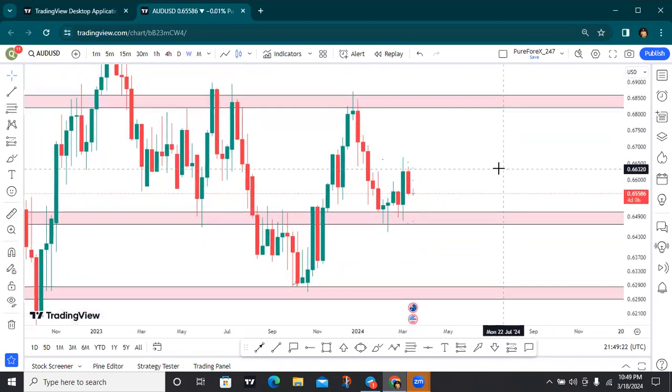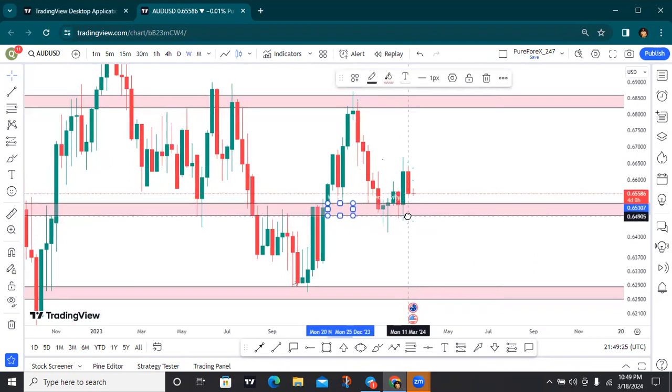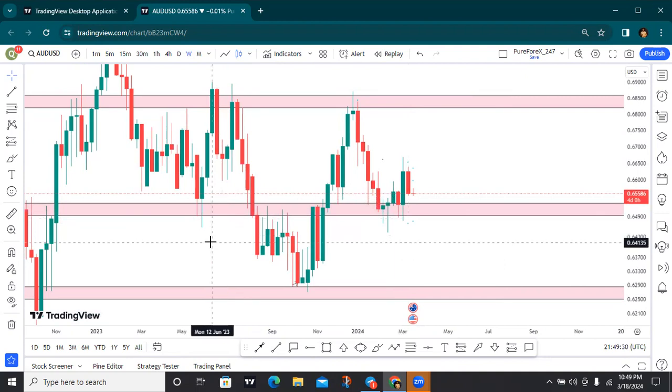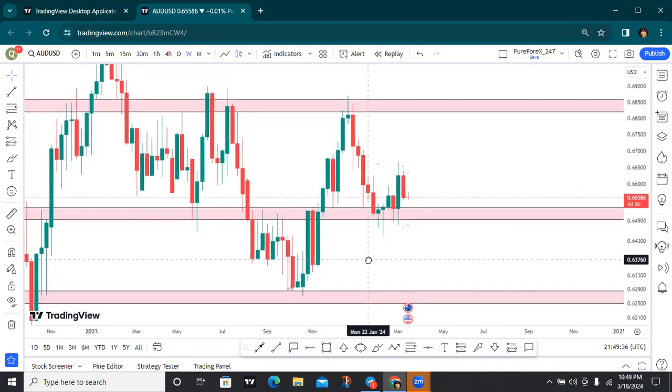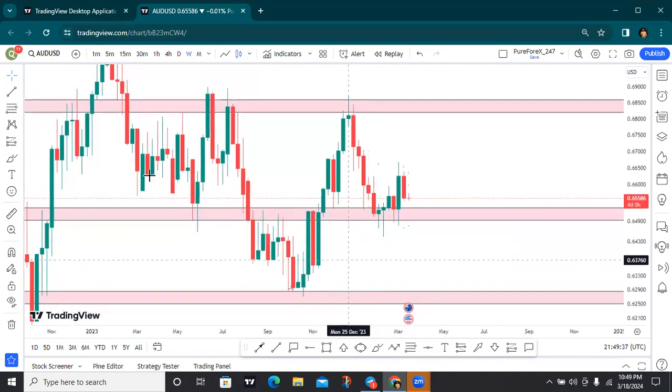If you look at the weekly time frame, here we have the upper zone of sensitivity, the middle zone of sensitivity, and the lower zone of sensitivity. All right.